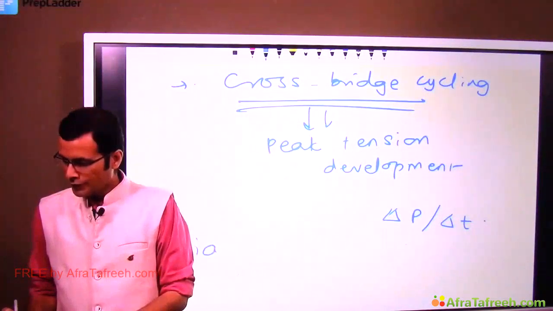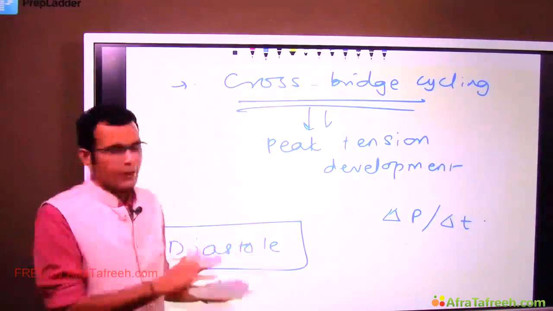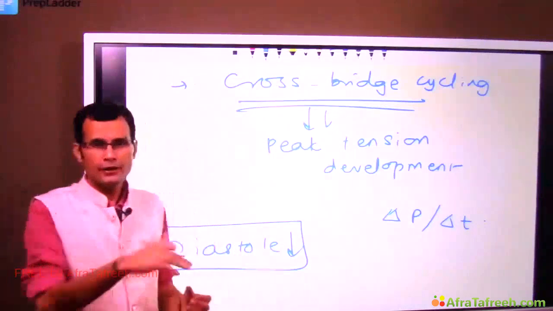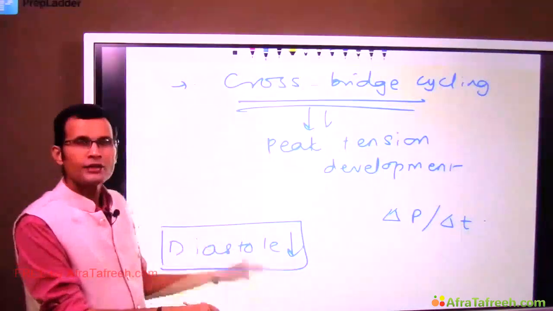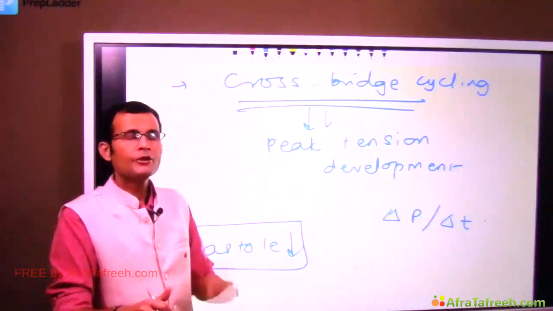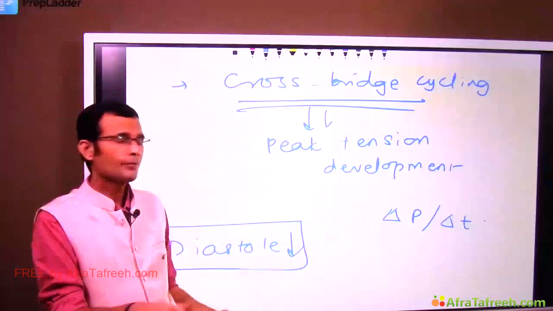Now coming to the effect on diastole. If the diastole duration is less at higher heart rate, that means filling should be affected. And if the filling is affected, stroke volume should be less. It should not increase.